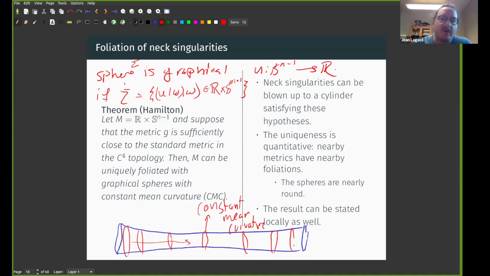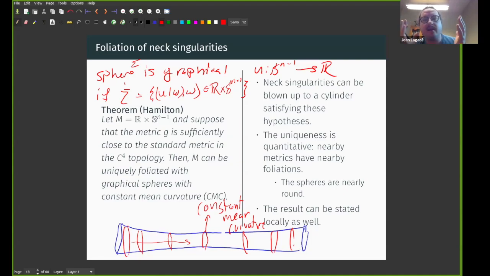So in a way, this means that my foliation will not be bizarre, where some of my spheres end up being horizontal like this. They're all vertical. Thanks, Daniel, for the question. So this sort of horizontal sphere is not allowed in the foliation. Basically, the foliation looks like what you would expect it to look like.